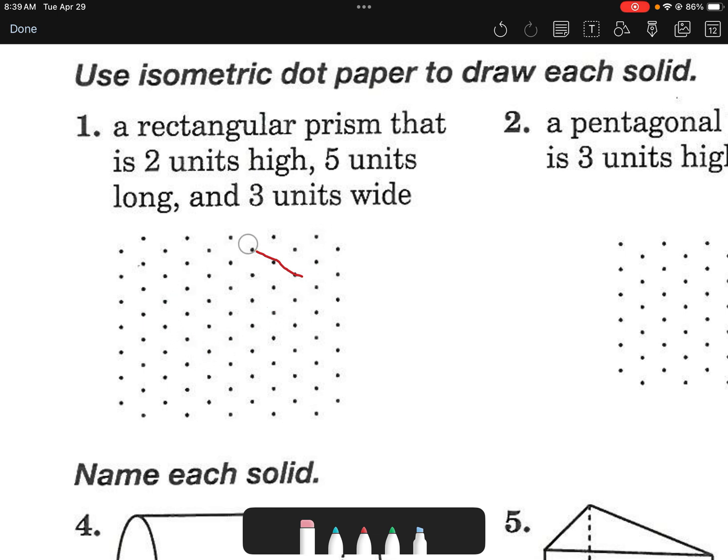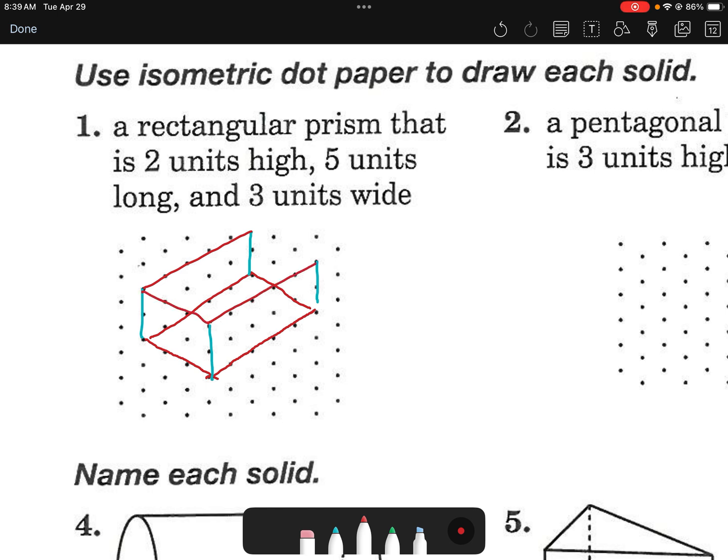Let's erase again. This has been a lot of fun. 1, 2, 3. 1, 2, 3, 4, 5. Let's see if this works better now. So there's your base. You got a height of 2, a height of 2, a height of 2, a height of 2, and then you can connect as you go.